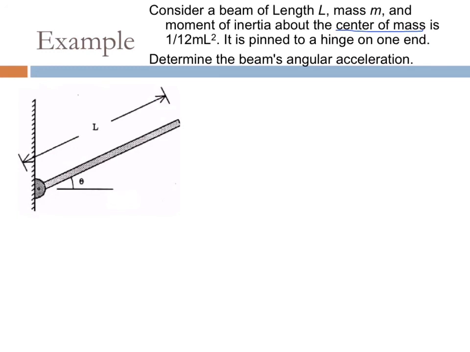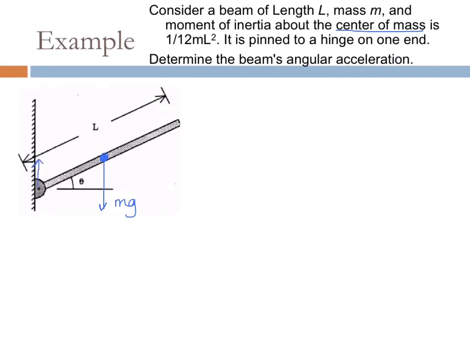So just like in forces, we're going to start off with a free body diagram and label all of the forces acting on this beam. If it's a beam of length L, mass m, that means our center of mass will be located right in the middle. And on this center of mass is where gravity will act. Now we do have a couple of other forces acting on this beam, coming from the hinge.